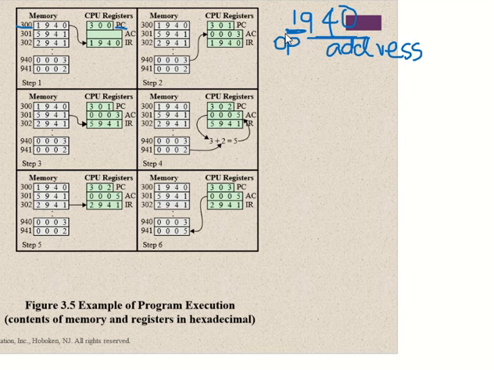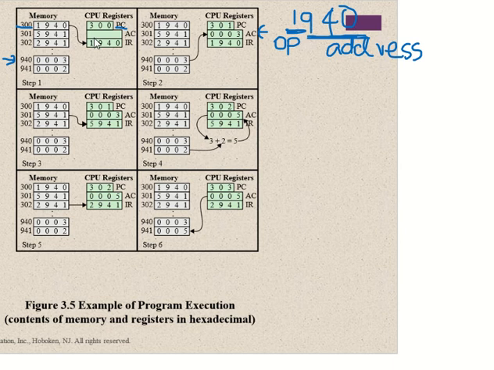Which location in memory? This is the address, 940. Go to 940. What do you have in 940? The content is 0003. So load it onto AC. AC now contains 0003.